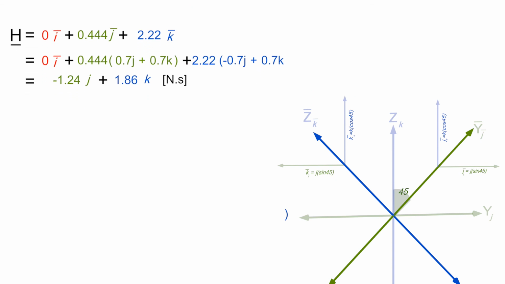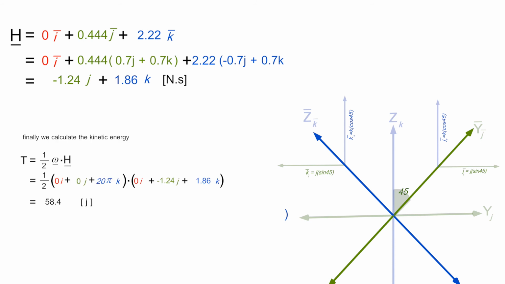And finally, we calculate the kinetic energy of this system. The main idea of the problem was to find an easy way to redefine the components by orienting them using an auxiliary coordinate system, doing the calculations, and then reorient the components back to their original position.